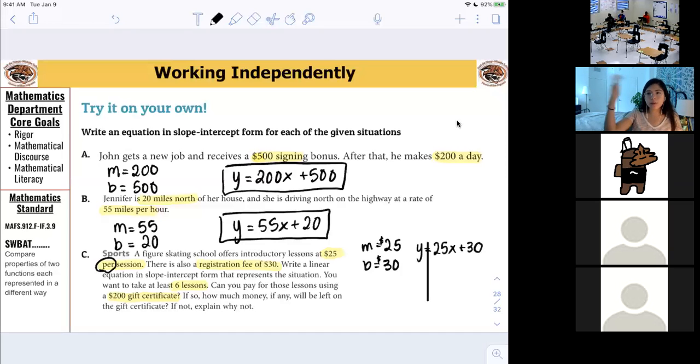Remember, again, this all goes back to functions. X is the input and y is the output. So my input is how many lessons I take, and the output is how much money that's going to cost. Another way to think about it: remember that the slope is $25 per session?